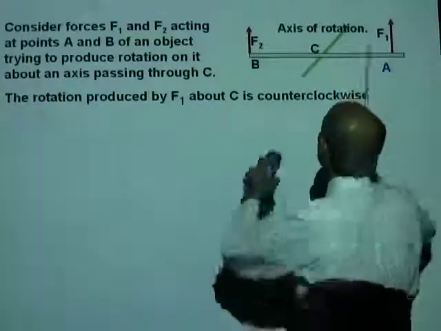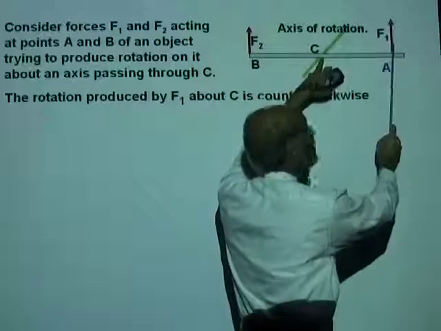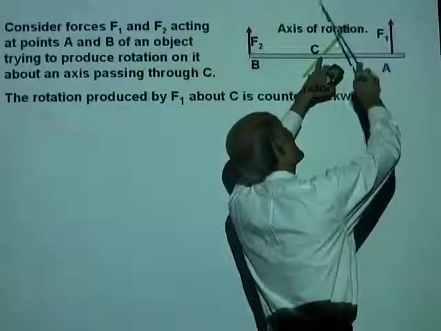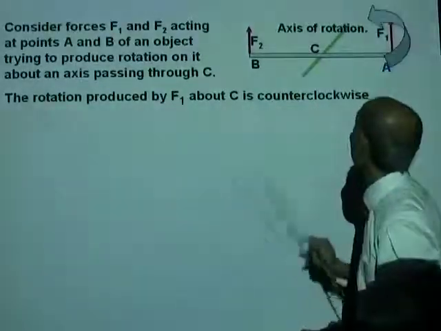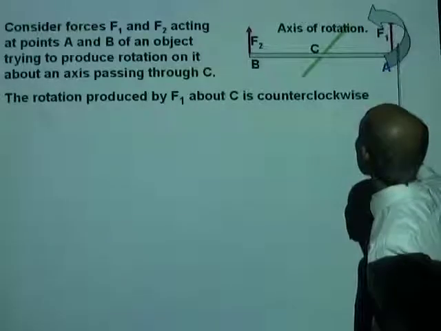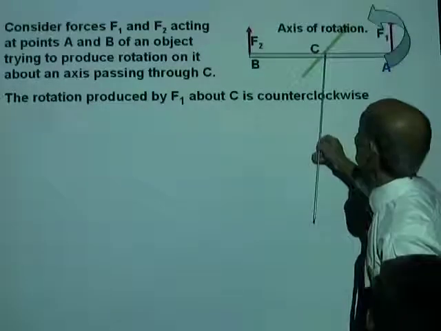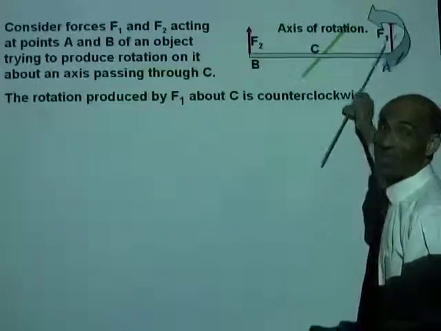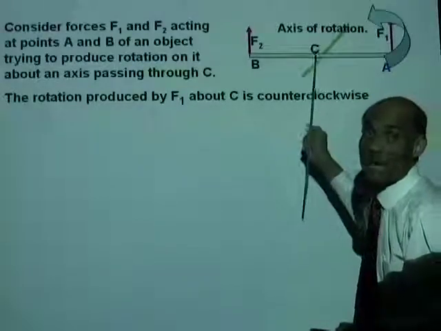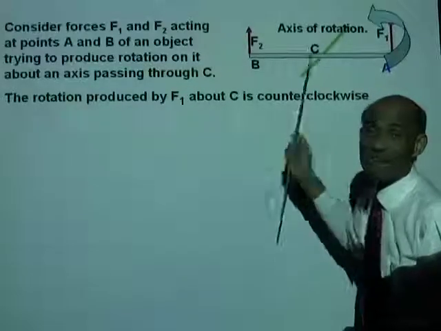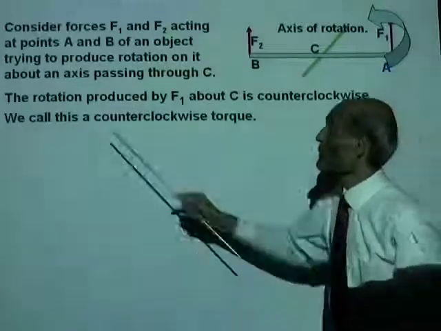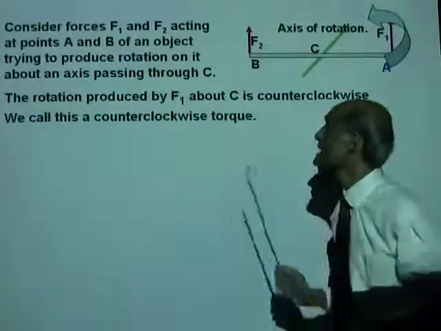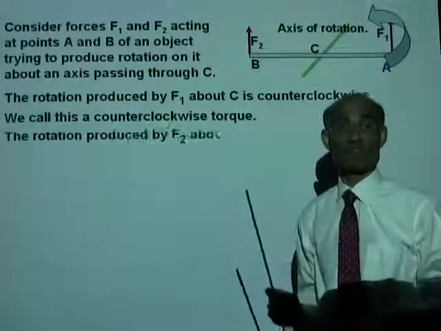Is that right? The force F1 produces a counterclockwise rotation like this. So force F1 produces a counterclockwise rotation about an axis that passes through C. We call this a counterclockwise torque.